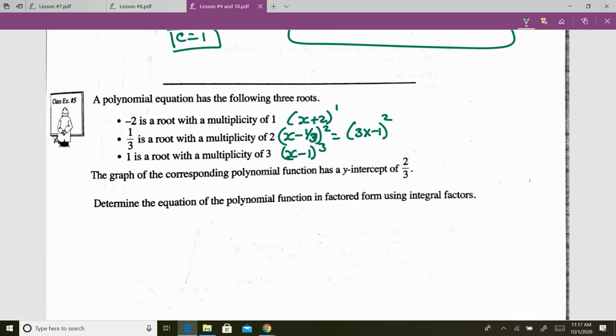And then it doesn't look like they give you a point, but they do tell us that we have a y-intercept of 2/3. What's the value of x at the y-intercept? 0. So that means we actually do know a point. We know the point 0 and 2/3.